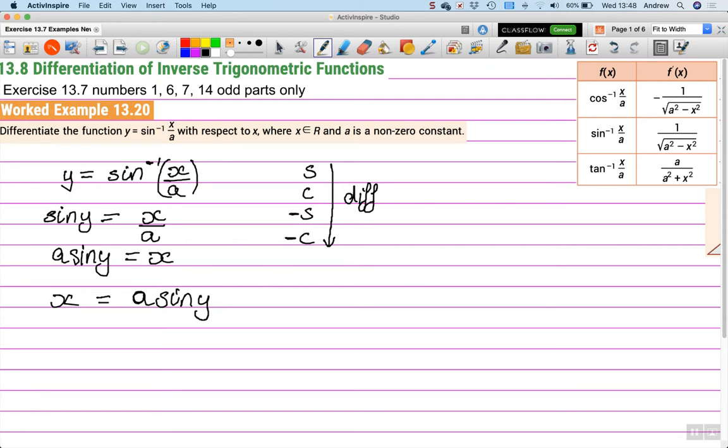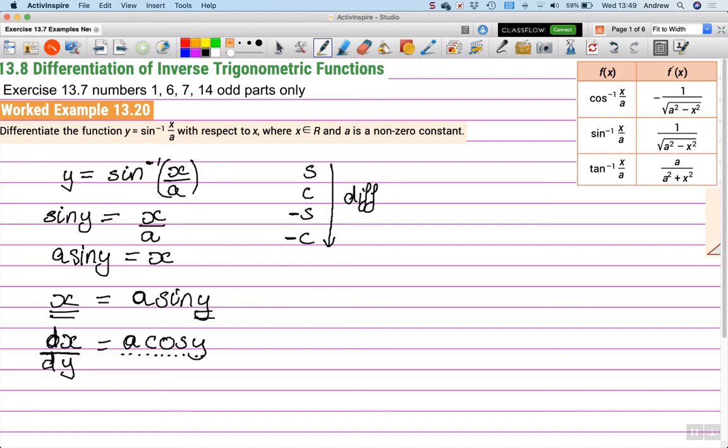I am going to differentiate the x variable on the left with respect to the y variable on the right. So the notation is dx dy. And when I differentiate sine, I get cos, so it's now going to be a cos y. And now I'm going to flip the fraction upside down, because what we really wanted to do at the very beginning was work out dy dx.